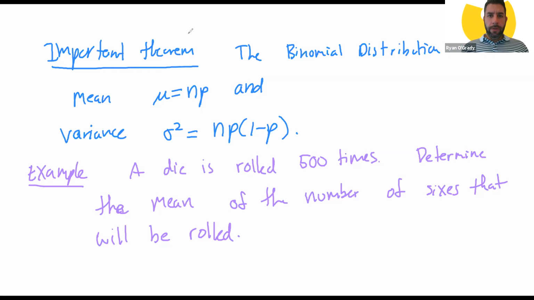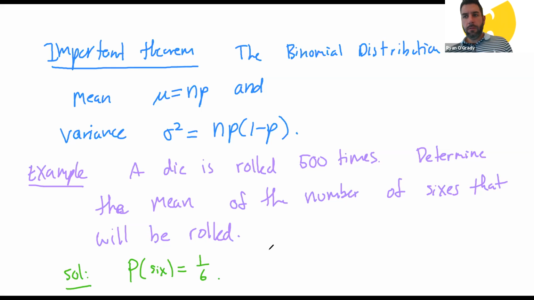Well, you could calculate it the long way using the definition, or you can just apply this formula. So it's just a quick little multiplication. The probability of a 6 equals 1/6. So that's your success. And there are n equals 500 trials. You're going to do it 500 times.